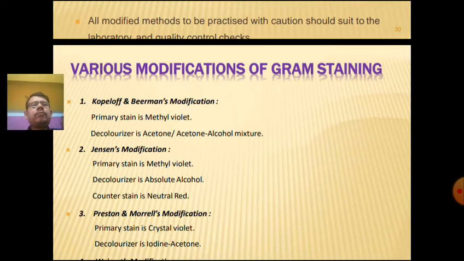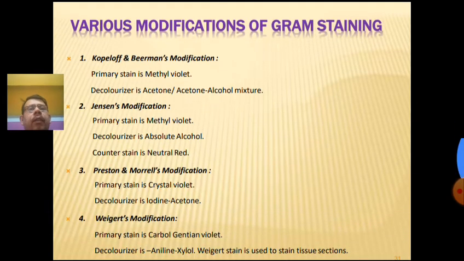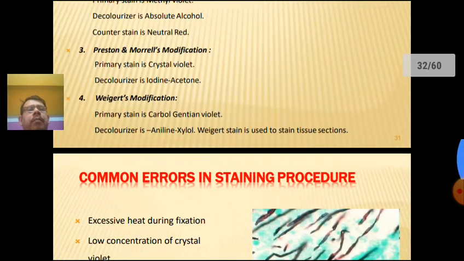In Kopeloff and Beerman's modification, the primary stain is methyl violet and the decolorizer is an acetone or acetone-alcohol mixture. In Jensen's modification, the primary stain is methyl violet, the decolorizer is absolute alcohol and the counter stain is neutral red. In Pittman or Muir's modification, the primary stain is crystal violet. In Weigert's modification, the primary stain is gentian violet.